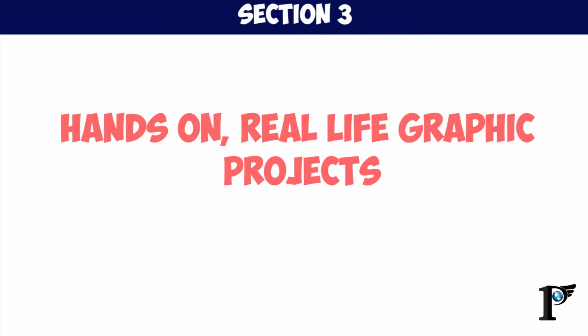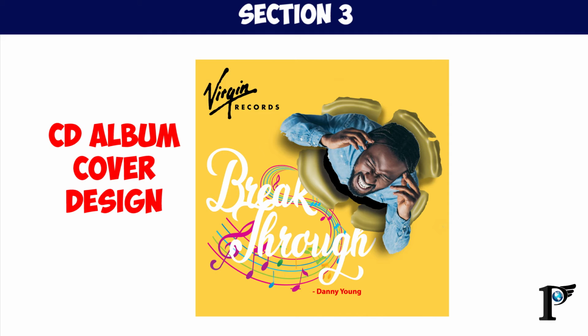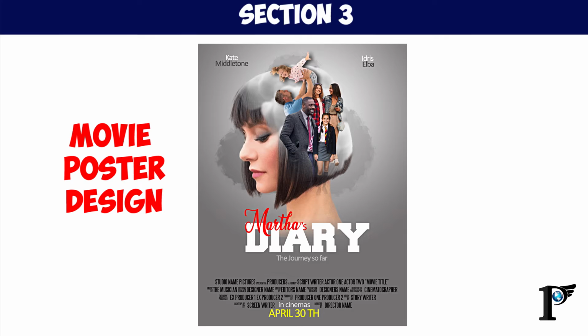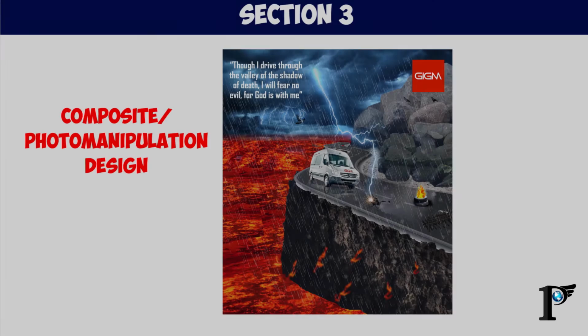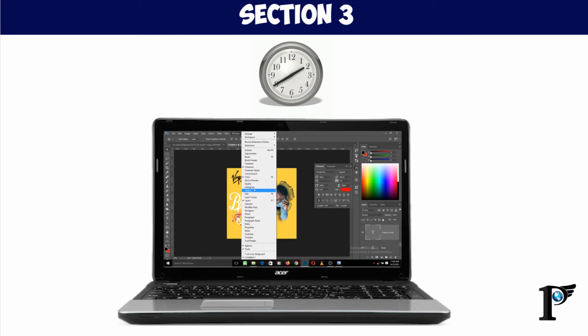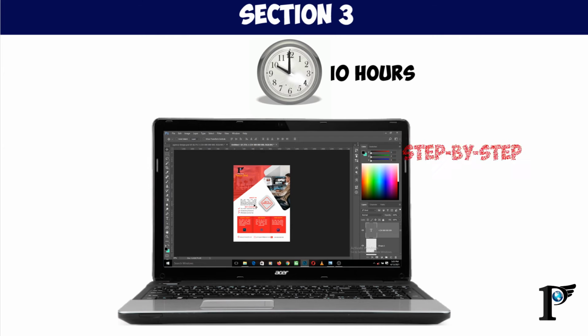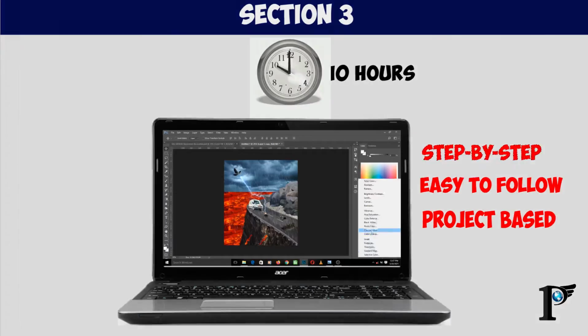This moves you on to the third section, which teaches you to create hands-on real-life graphic projects such as logo designs, flyers and poster designs, CD album cover designs, movie poster designs, realistic facial retouching, and composite photo manipulation design. You will have access to just over 10 hours of step-by-step, easy to follow, project-based video tutorials.